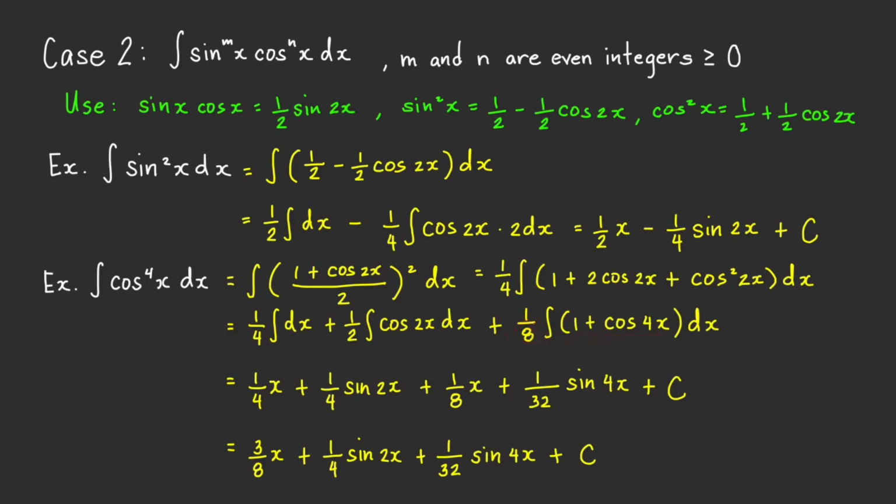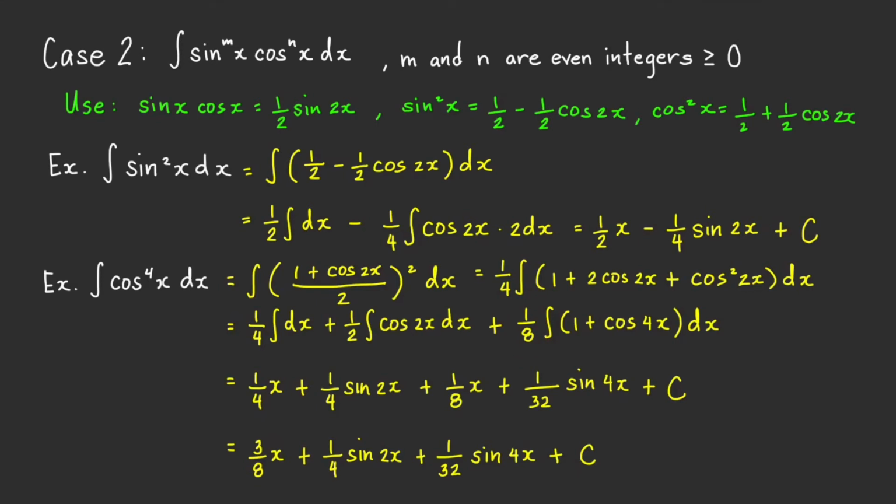Why is it all over 8? So we used again this identity here, but our x here is this 2x. So the cosine squared of 2x is equal to 1 plus cosine 4x all over 2. And you multiply that with 1/4. So that's the reason we have here 1 over 8.